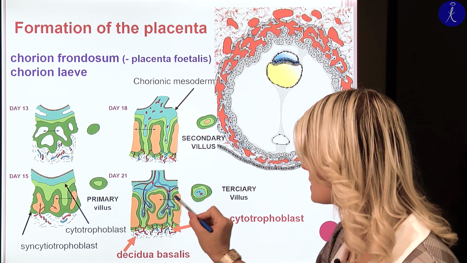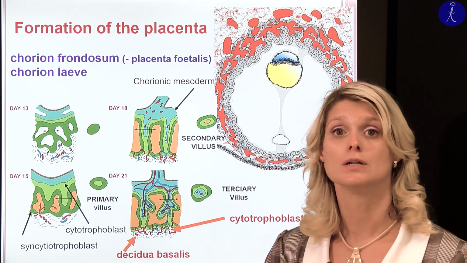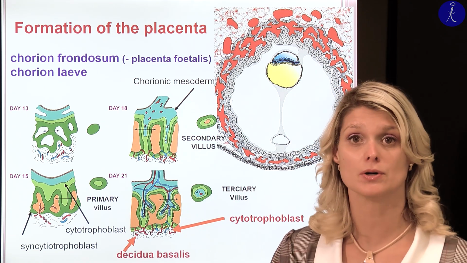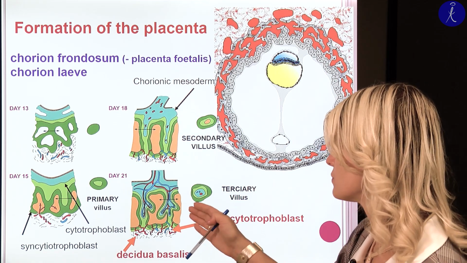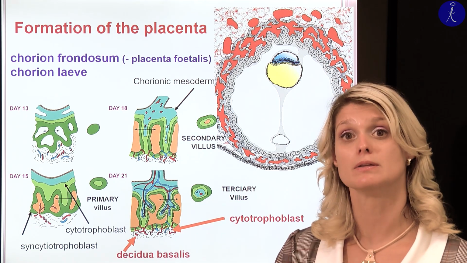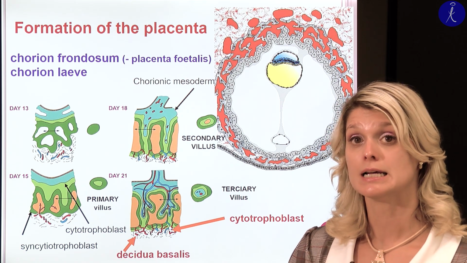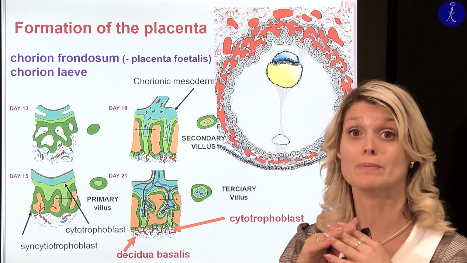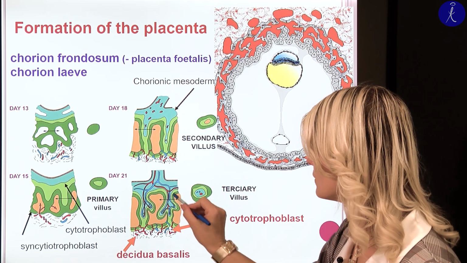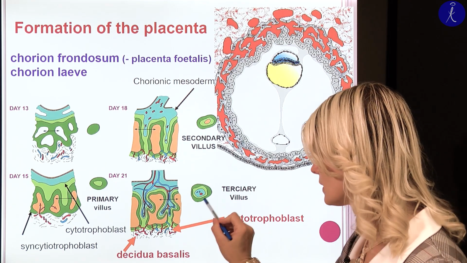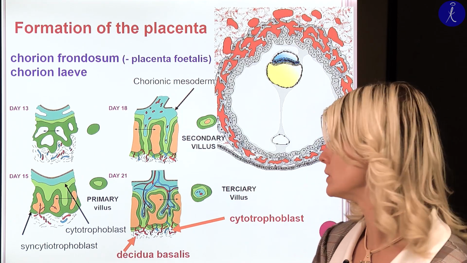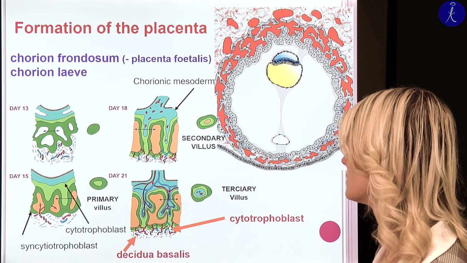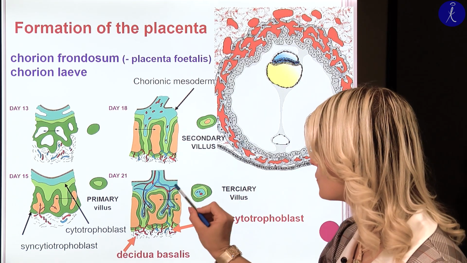This forms the connection between the circulation of the embryo and the circulation of the mother, but it is really important to understand that the two types of blood do not mix. We have a very important border between the circulation of the mother and the circulation of the baby, which I will tell you about later.